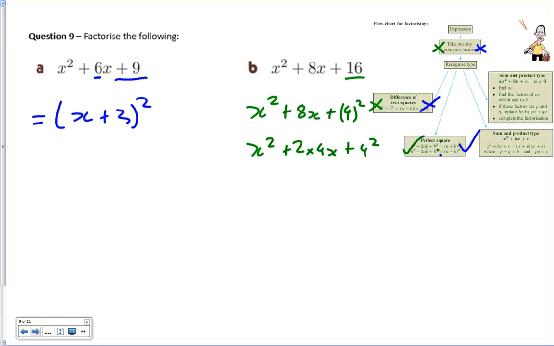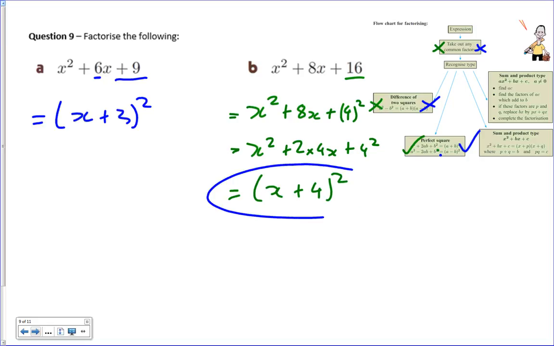So it's definitely that one. So I can write that as x plus 4 all squared. With this, I don't expect you to write this bit here, this bit here not required, but it goes through my thinking process.